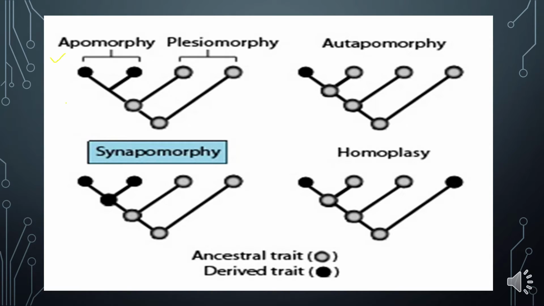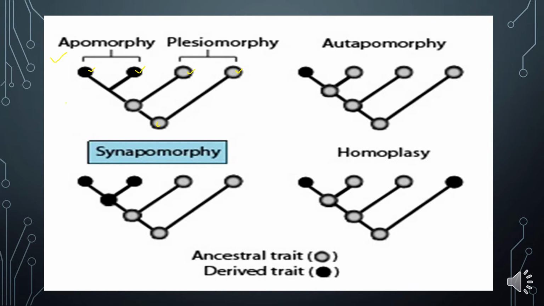Here in this diagram, we see that this is the common ancestor, and by repeated nodes, we see that these are the two derived characters. These two species have developed some derived character. These are the ancestral characters.